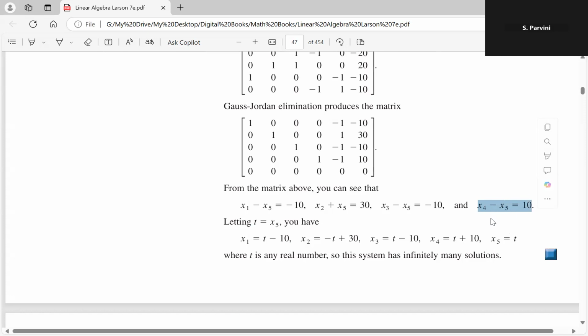Again, we'll do one in a moment ourselves. I'll just try and explain this. You let x sub 5 be t, so x sub 4 is 10, move it to the other side, plus t, isn't it? And there you go. That's how he gets x sub 4. So the last variable, remember, we're going to let the last one be our free variable. That's what that is. Is everyone okay with this?